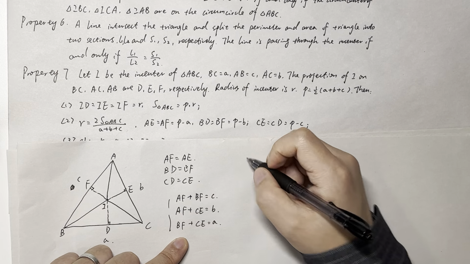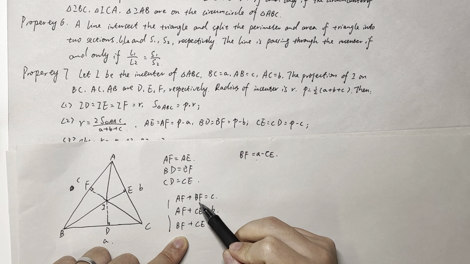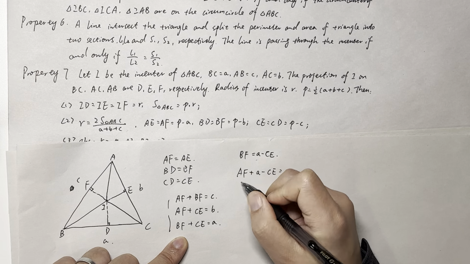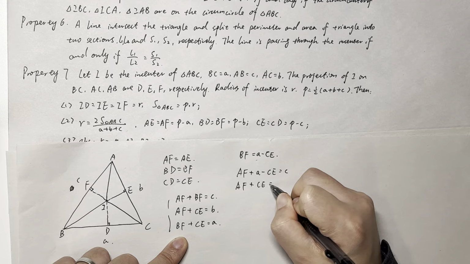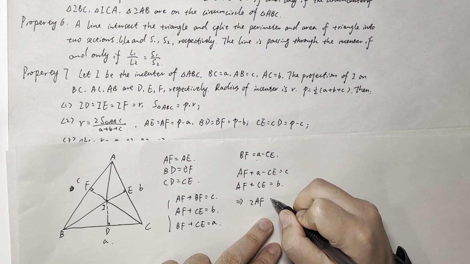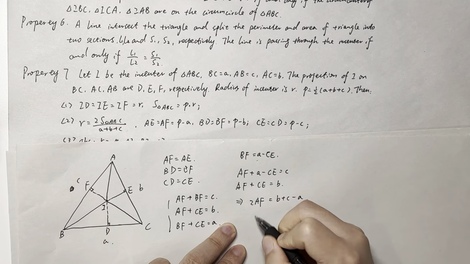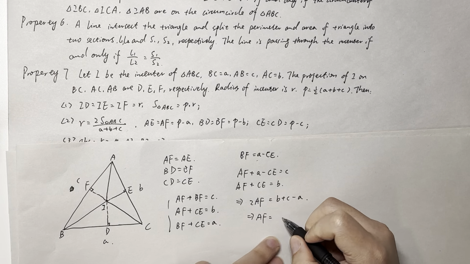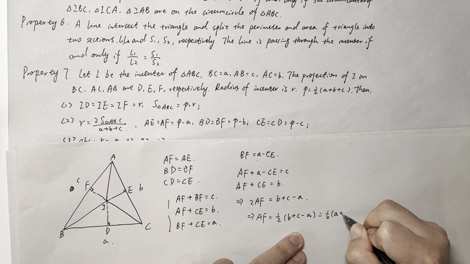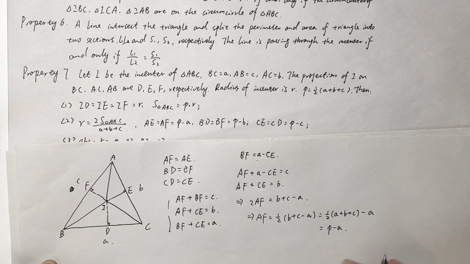We can solve this. So BF equals a minus CE, right? We replace the BF into this one. So we got AF plus a minus CE equals c, and AF plus CE equals b, which means 2AF equals b plus c minus a, which means AF is half of (b plus c minus a) equals half of (a plus b plus c minus a) equals p minus a, right?